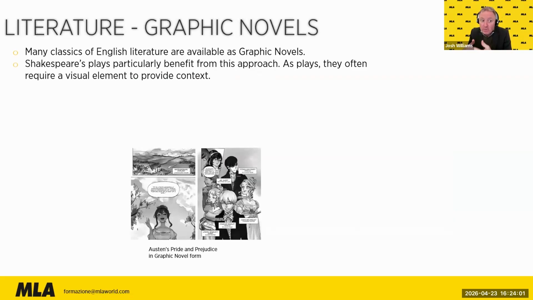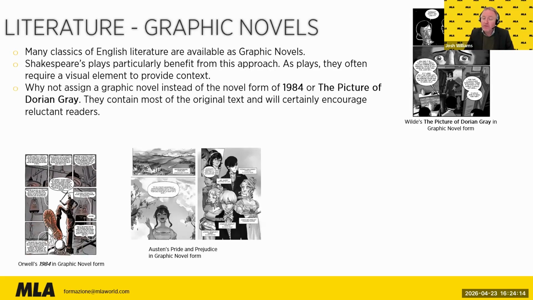As plays, they often require a visual element to provide context. So you can find these in bookshops. You can find them in online booksellers. And for example, if you're studying George Orwell's 1984, or Oscar Wilde's The Picture of Dorian Gray, you can find these in the format.